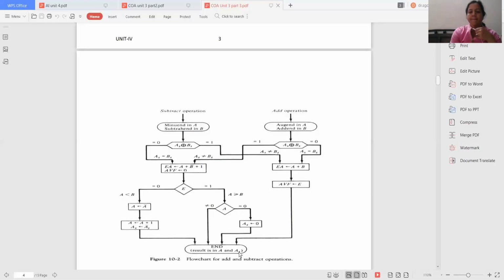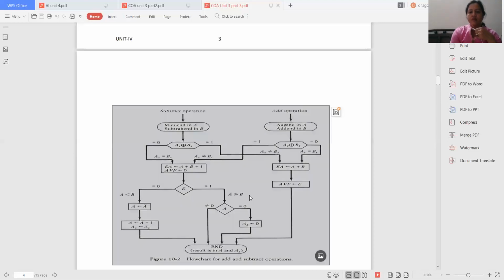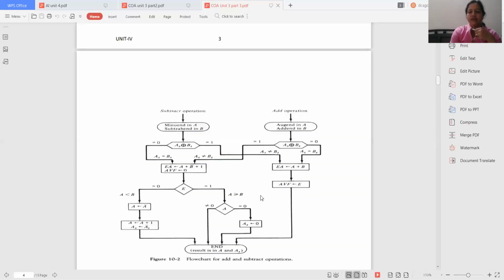Okay? But if A is equal to B, the sign of 0 will be given to AS, right? The sign bit of the result will be plus.